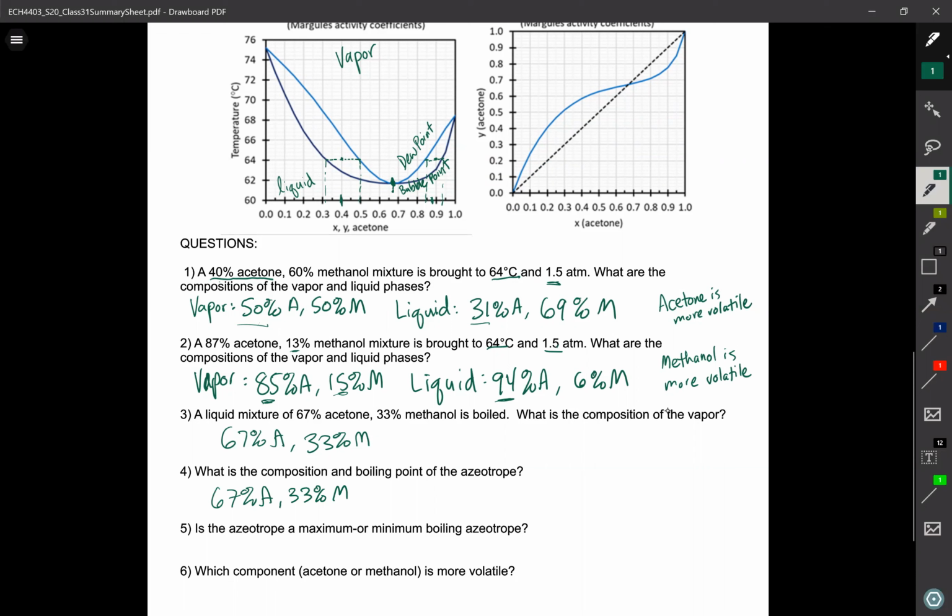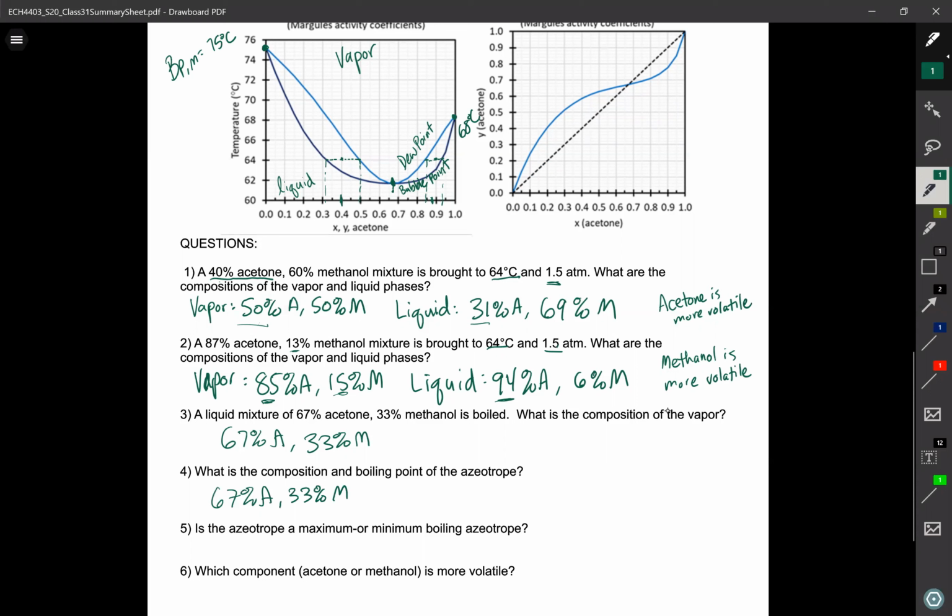So if I look, that's not true anymore here. The pure component boiling point for methanol, remember, so methanol is 0% acetone, 100% methanol, is 75 degrees C. The boiling point for acetone is 68 C.